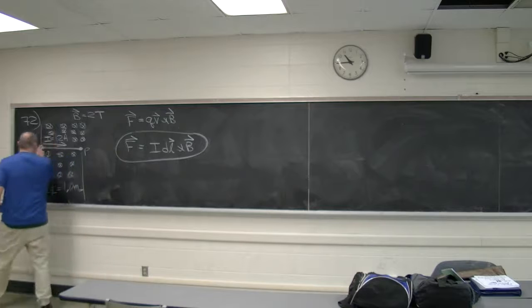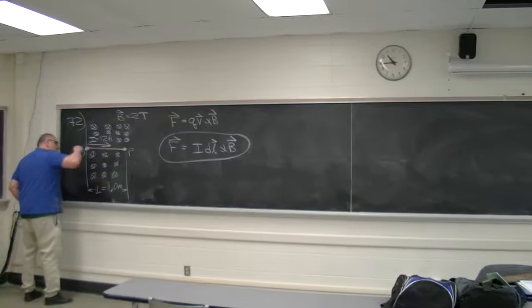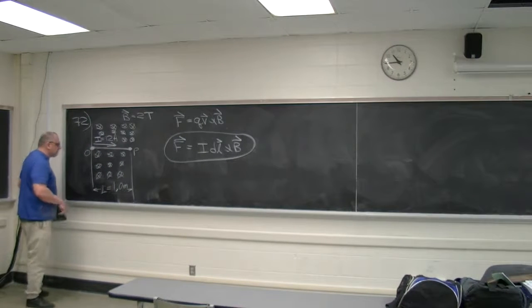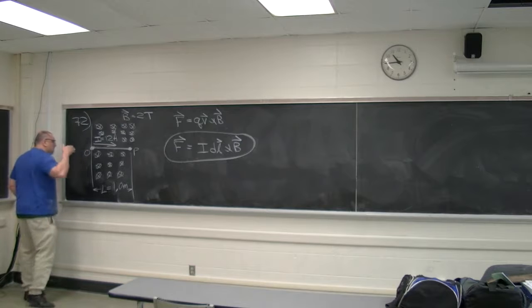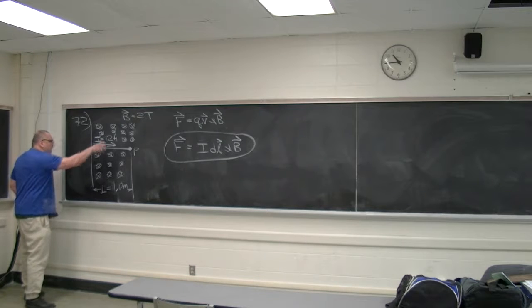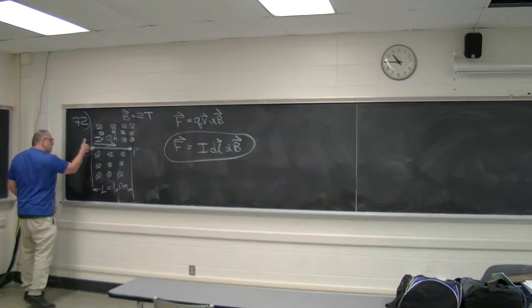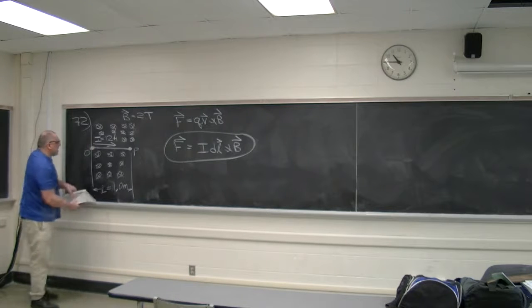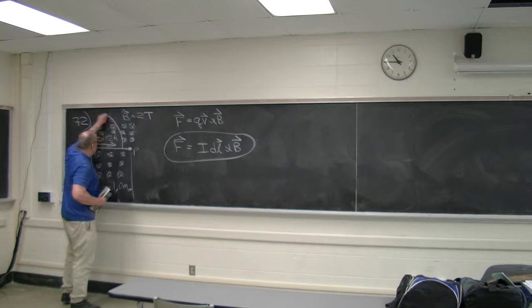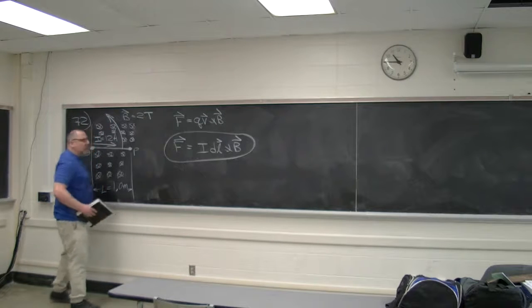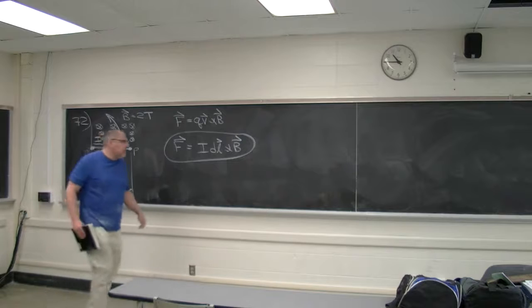If the current I is going this way, and the B field is going in, why don't you cross product? I dL cross B. B's going in. So I dL cross B, boom. This thing is going to be pushed, forced upward somehow.